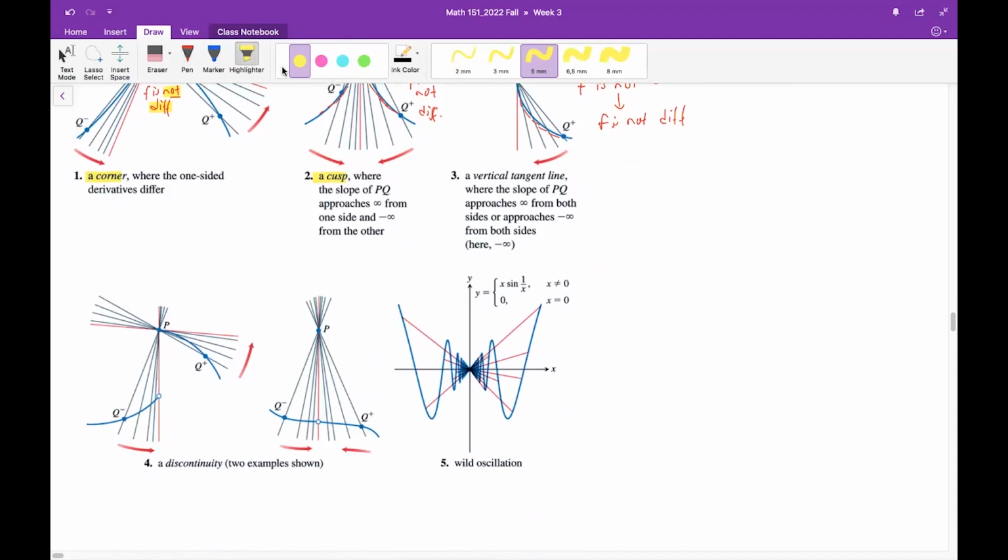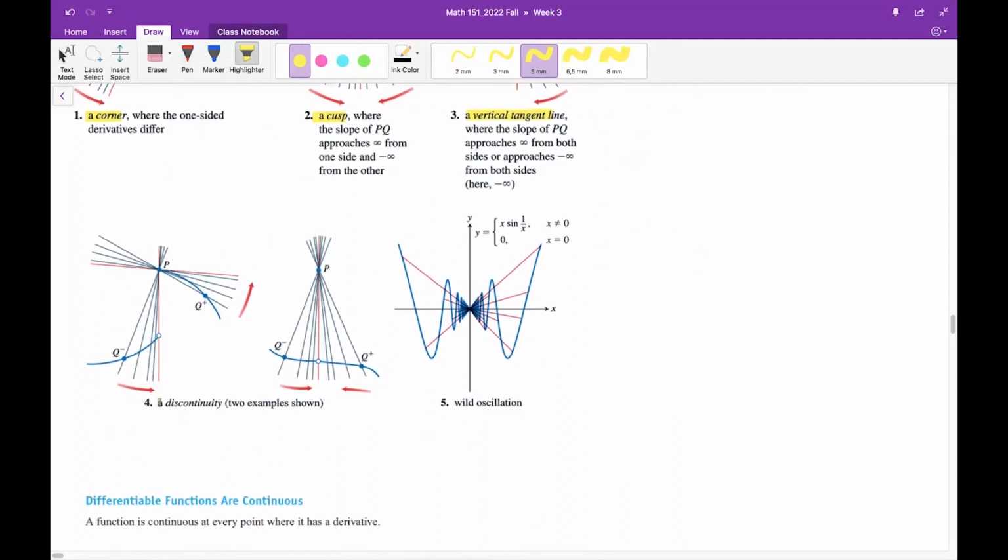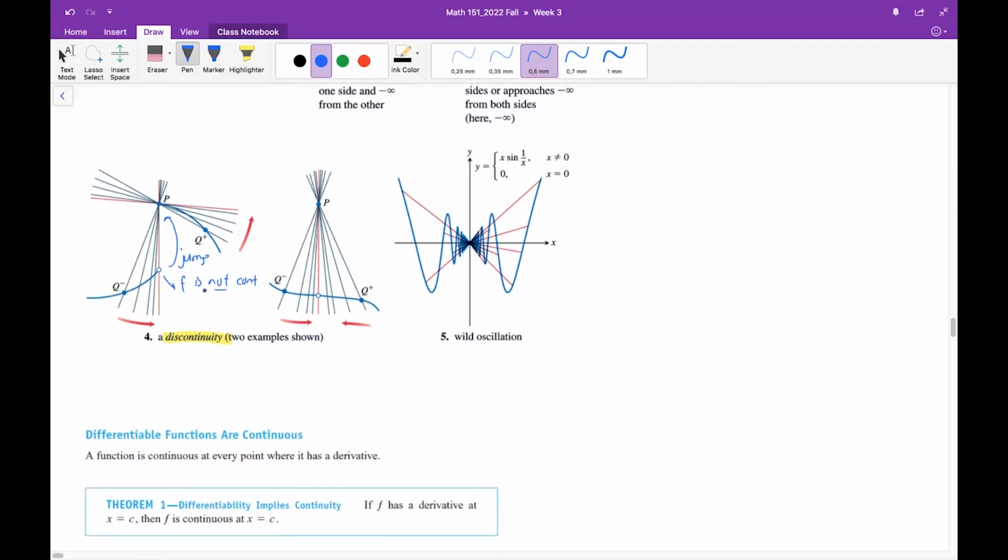And look at this case. In part 4, we talk about discontinuity. In the first part, the discontinuity happens because there is a jump, there is a break in your graph. There's a jump here. That's why your function is not continuous at this point. If your function is not continuous, you cannot talk about differentiability. So f is automatically not differentiable because of this jump.